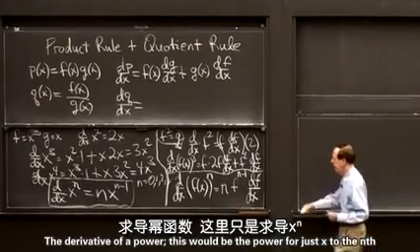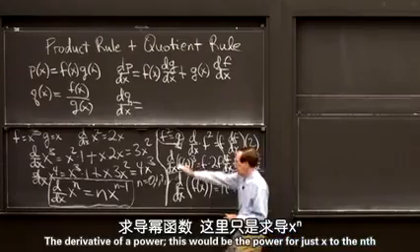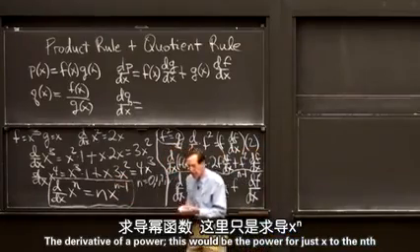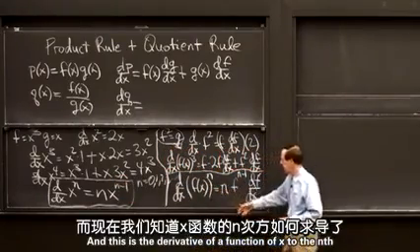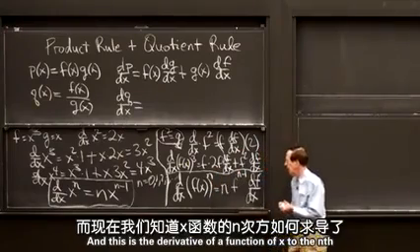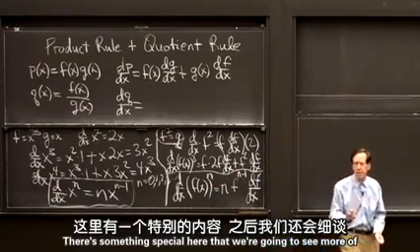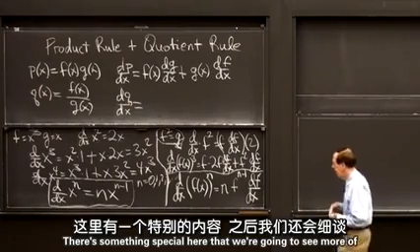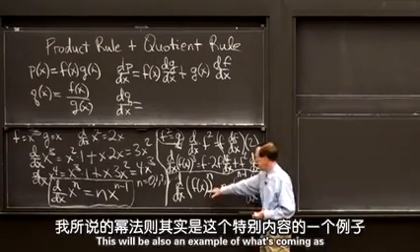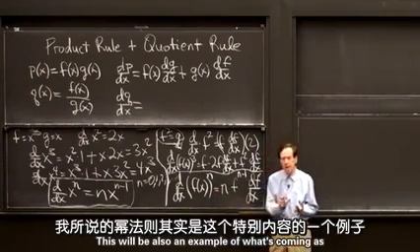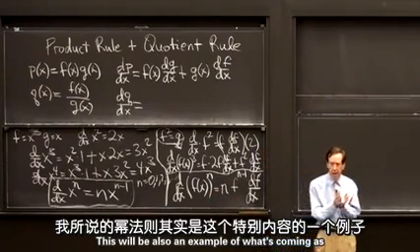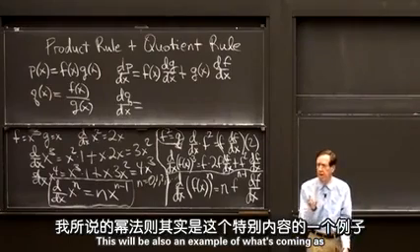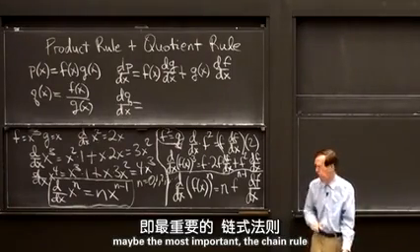The derivative of a power, this would be the power rule for just x to the nth, and this is the derivative of a function of x to the nth. There's something special here that we're going to see more of. This will be also an example of what's coming as maybe the most important rule, the chain rule.